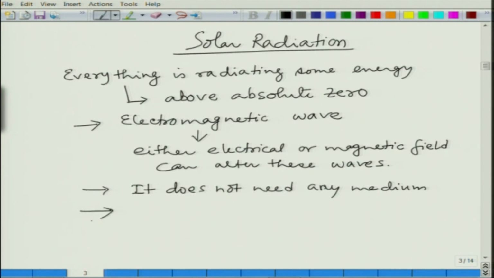And that is why the solar radiation that is getting radiated from the sun is actually being able to reach our earth, okay, because there is nothing in between, right.